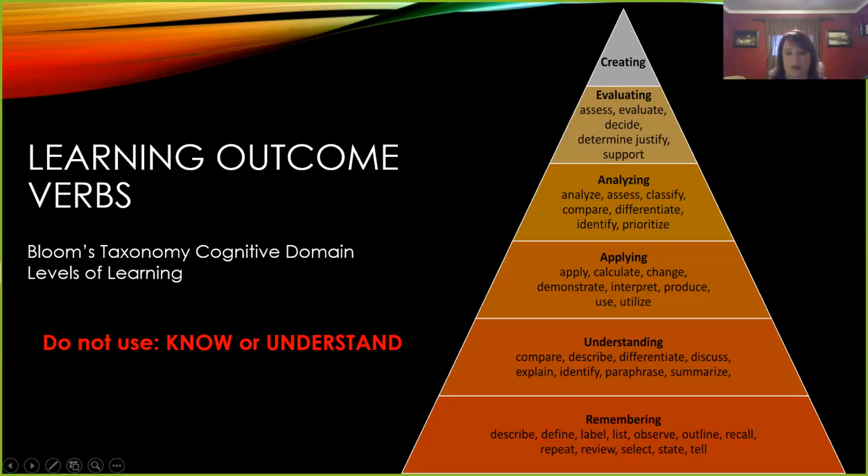So one example for this presentation, when I was designing it, one of my learning outcomes was outline the steps in the instructional design process. Because it's a webinar and it's more one-way communication and we're not doing a class together, it's a lower level. Remembering and understanding is that hopefully you come out of this being able to discuss or list the steps in the instructional design process.